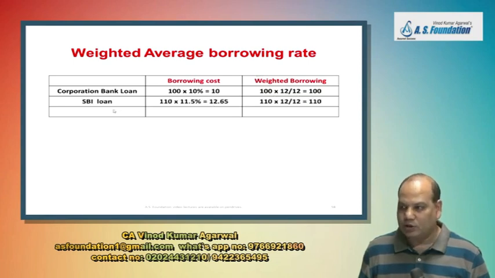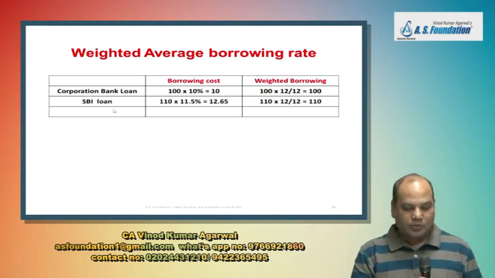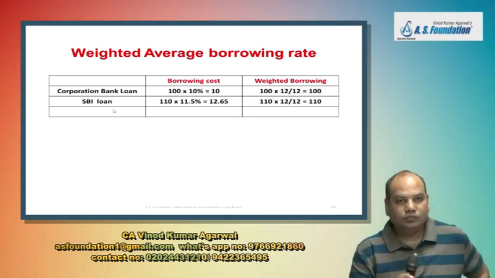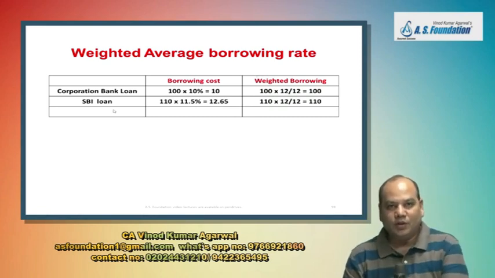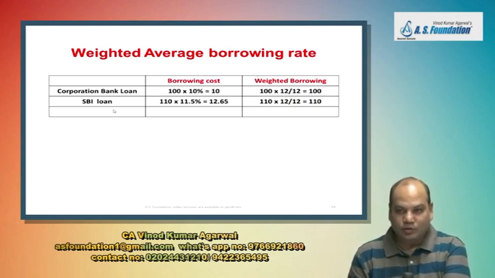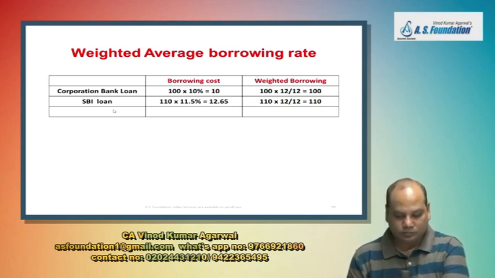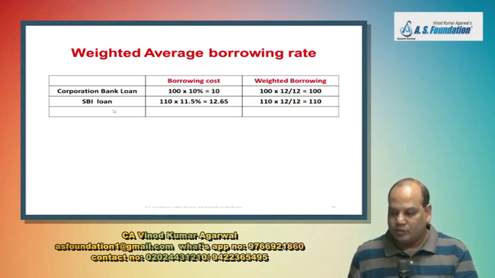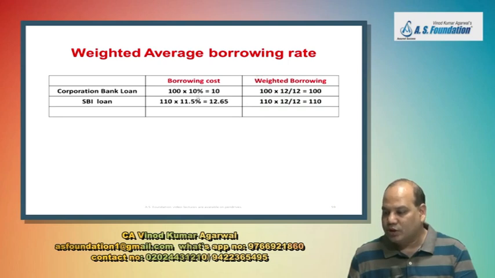Then write down SBI loan, 110 into 11.5%, 12.65, and this is also 110 into 12 by 12. So in another question, the date of loan would have been different, okay? So accordingly, you change the interest calculation here, and change the weighted average borrowing here.